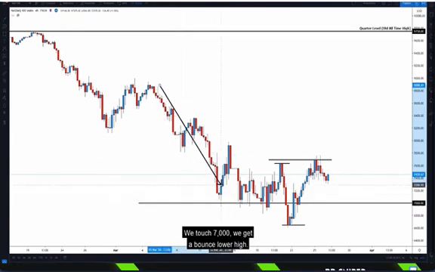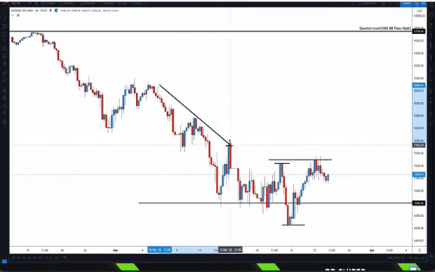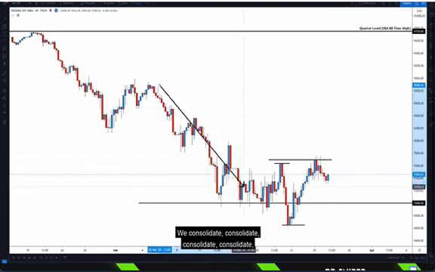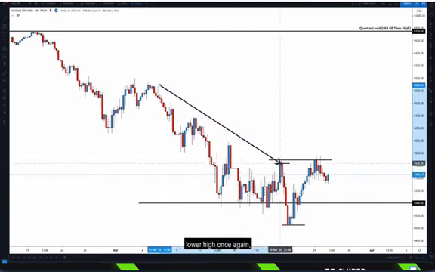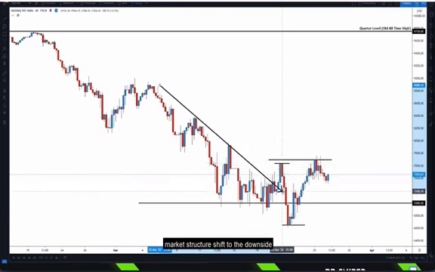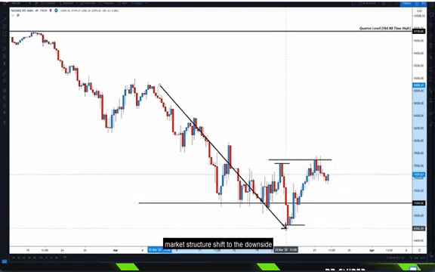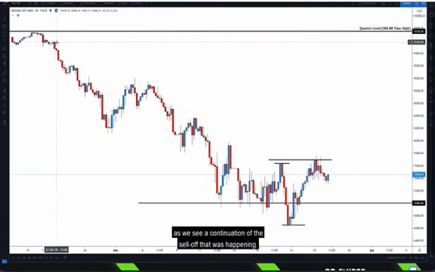We touch 7,000. We get a bounce, lower high. You can see that. We consolidate, consolidate, consolidate, lower high once again. Market structure shift to the downside as we see a continuation of the sell-off that was happening.